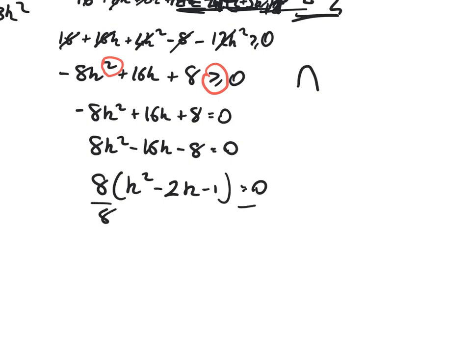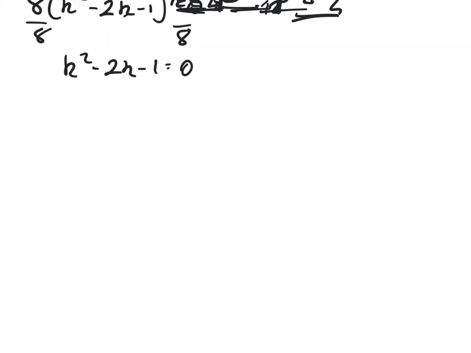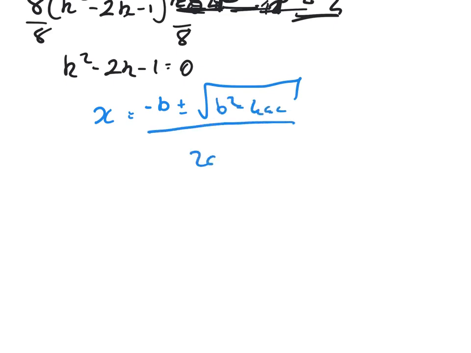I can then divide both sides by 8, which will give me k squared minus 2k minus 1 is equal to 0. Two numbers that multiply to give minus 1 and add together to give minus 2. Okay, so that's looking tricky to factorise. So an alternative could be to use the quadratic formula. So quite a tricky question.